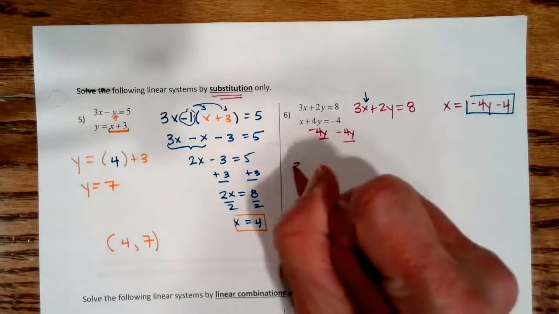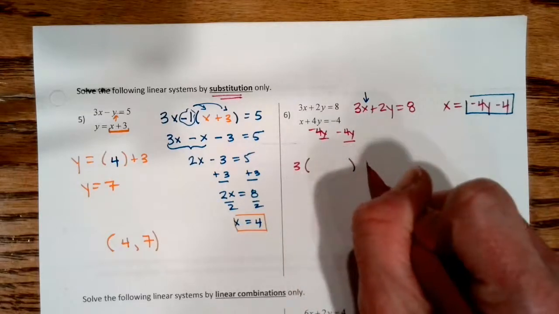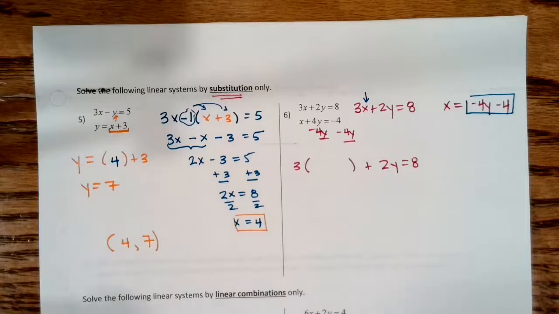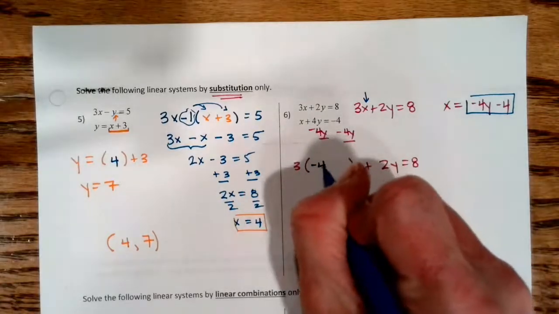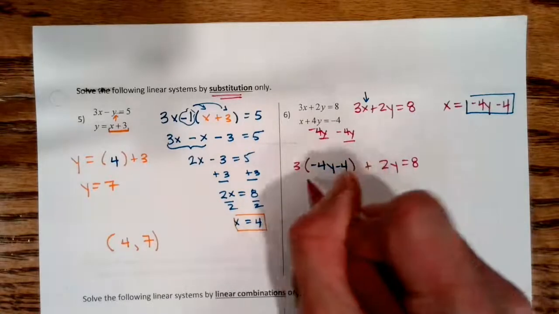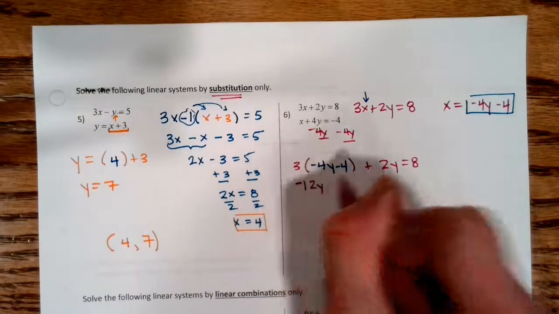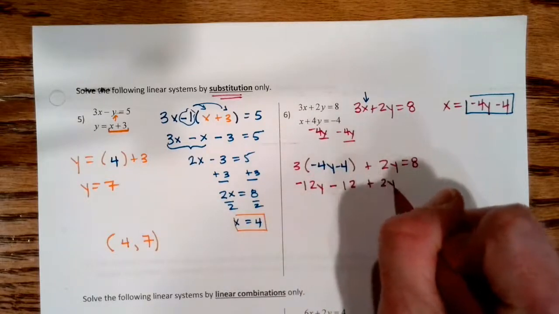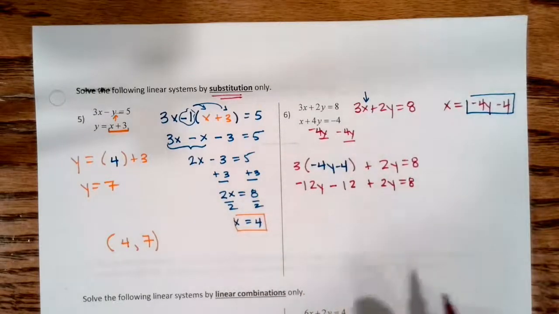Alright, so I have 3 times my value of x plus 2y is equal to 8. My value of x is minus 4y minus 4. Negative 12y minus 12 plus 2y is equal to 8.